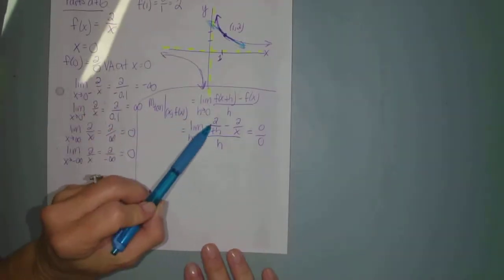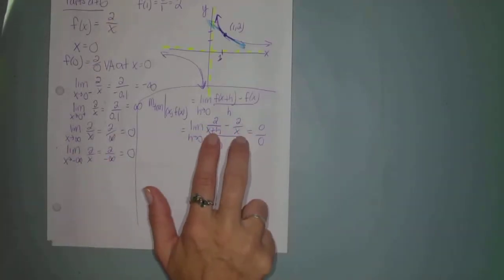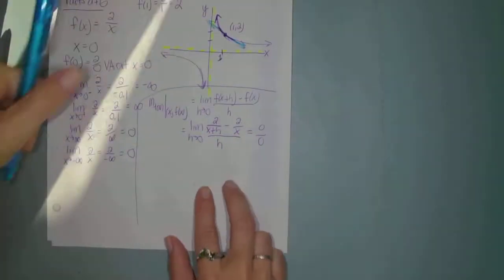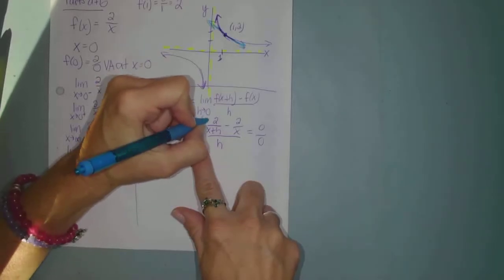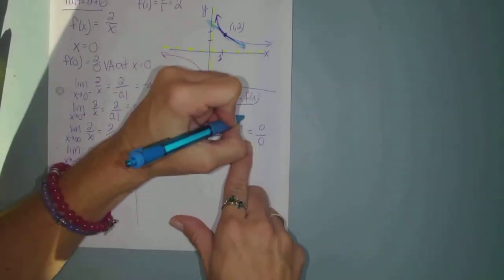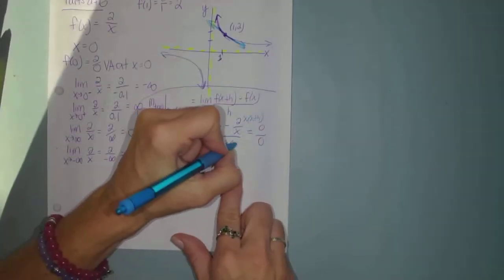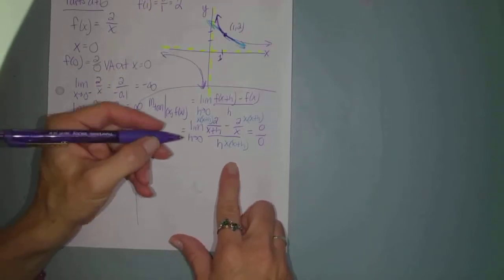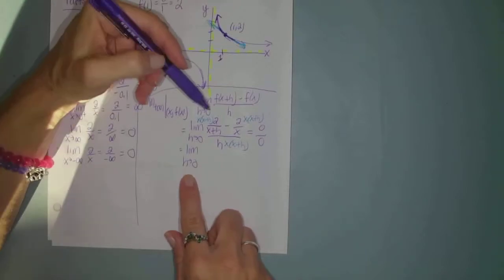I'm going to multiply all 3 terms by these 2 denominators, x and x plus h. So if I multiply the first term by x and x plus h, my second term by x and x plus h, and my third term down here by x and x plus h, then I should be able to reduce my function. So the limit as h approaches 0.